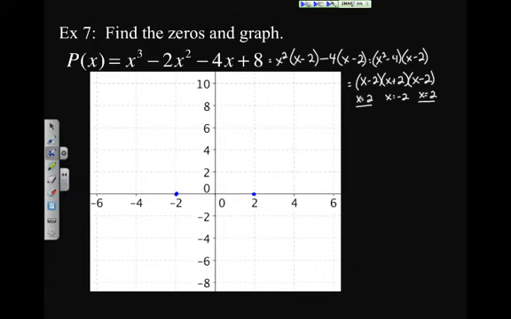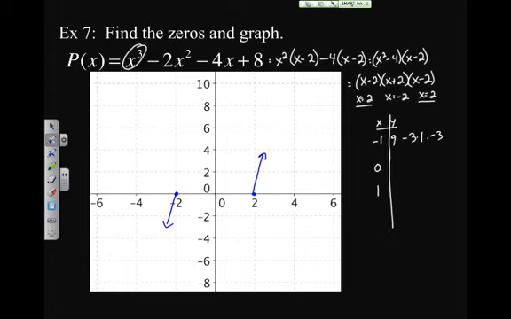Checking out the leading coefficient test, it's odd and positive, so it's going to be going up to the right and down to the left. And then again, to put some points in there, we don't need tons of them, but let's go with negative 1, 0, and positive 1. So if we put in a negative 1, we get negative 3 times 1 times negative 3, so that is 9.